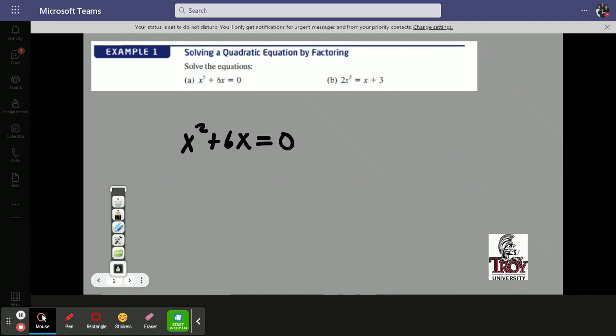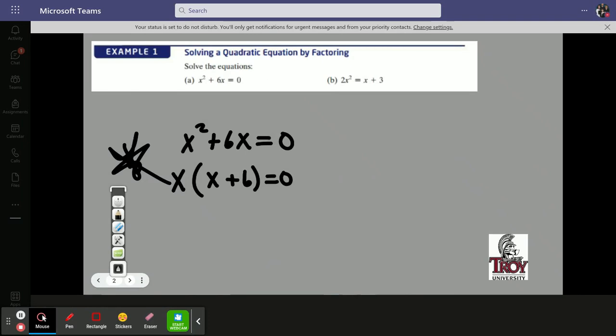X. I can factor out an x. X squared divided by x is going to leave me with x, and 6x divided by x is going to leave me with 6, and that equals 0. Okay, so maybe put some kind of star by our notes. This is not the answer. Everybody wants to give me this as the answer. It's not wrong, but it's not done.